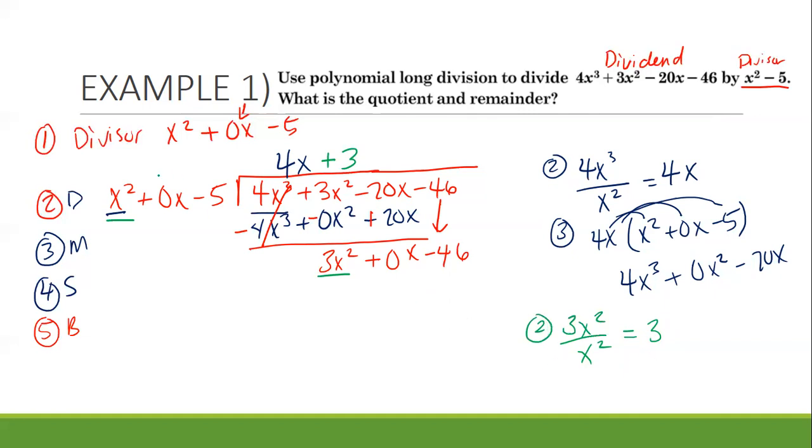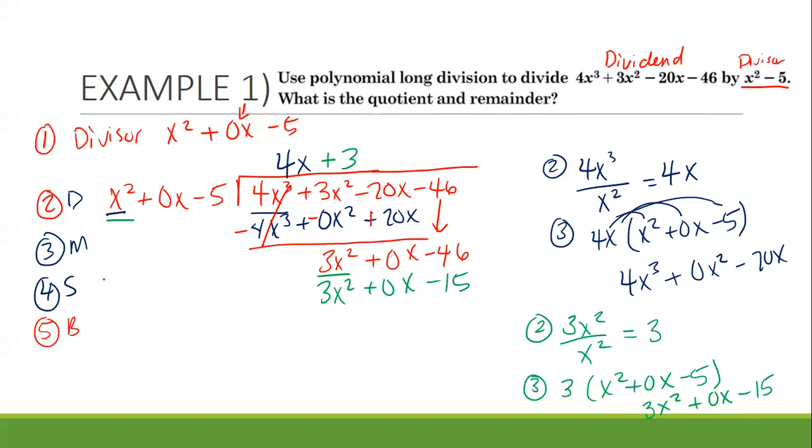We're going to take the 3 and multiply by our divisor. We're at the multiplying again. So we have 3 times x squared plus 0x minus 5. I distribute the 3. That gives me 3x squared plus 0x minus 15. So my product is 3x squared plus 0x minus 15.